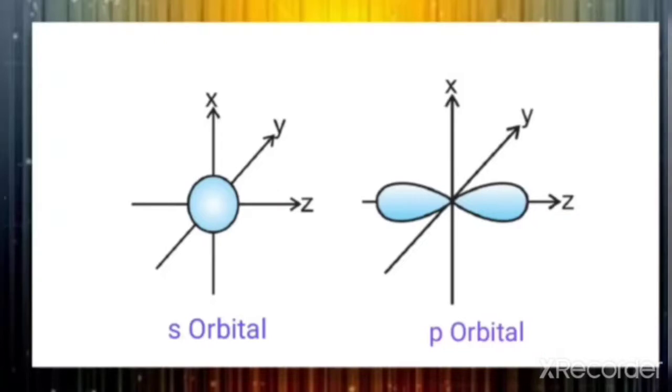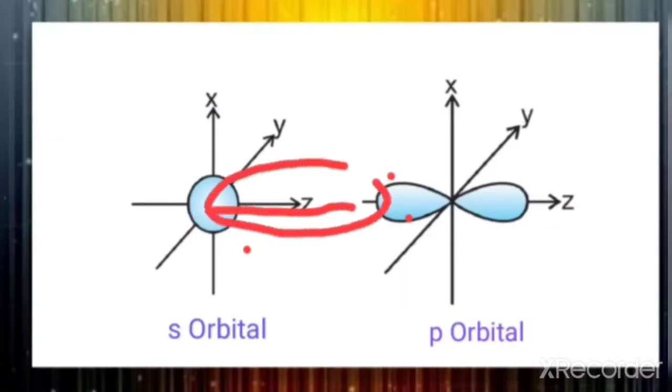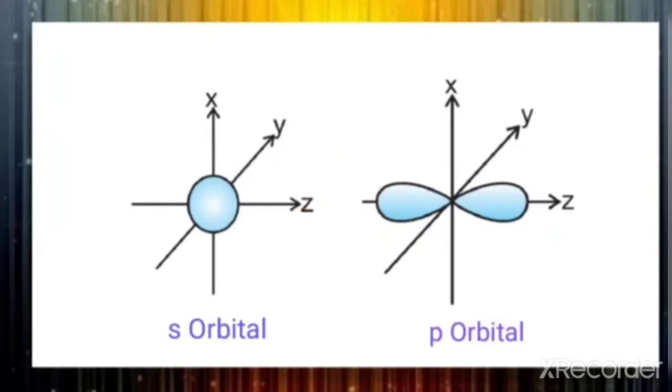In the case of s and pz, head-to-head overlapping is possible, because when they approach each other, this part can overlap.